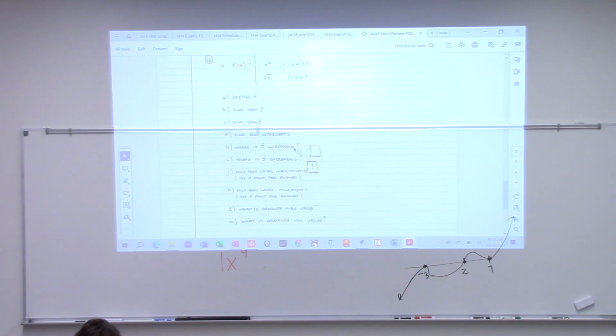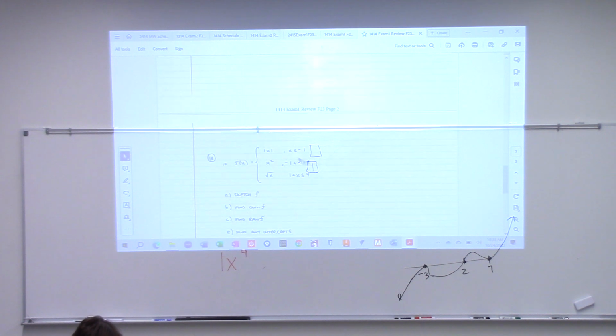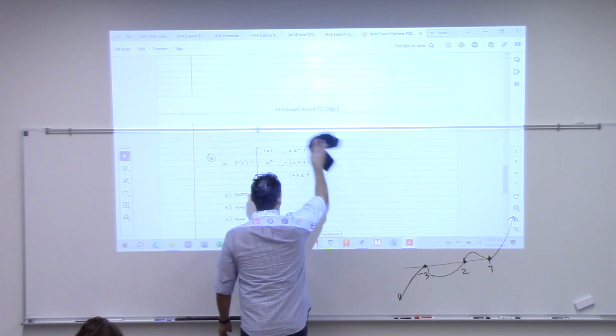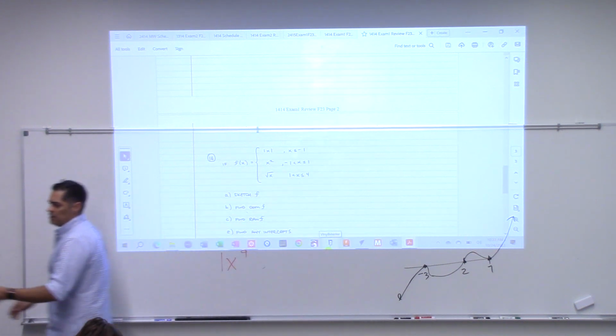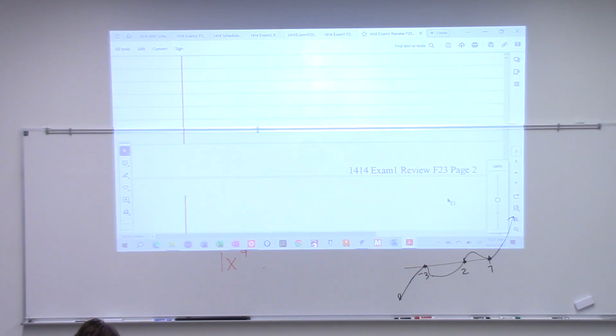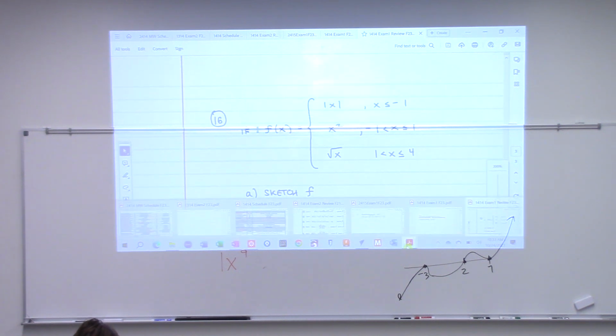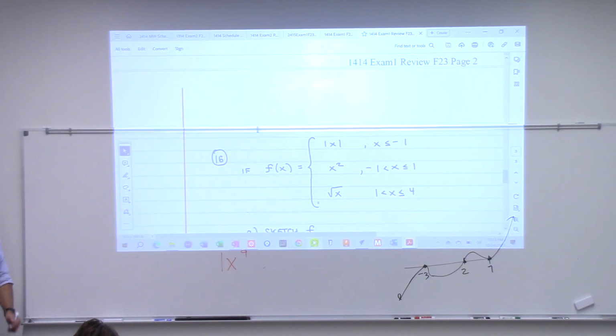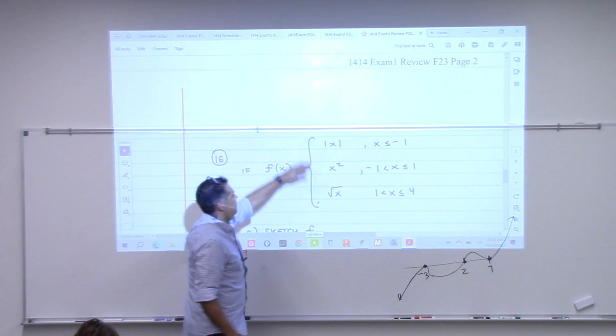So this right here, number 16, we did not cover on our first test. This is where I give you a function defined to be like 2 or 3 different functions, and you have to sketch it. So for this, you have to know what those 3 functions look like.